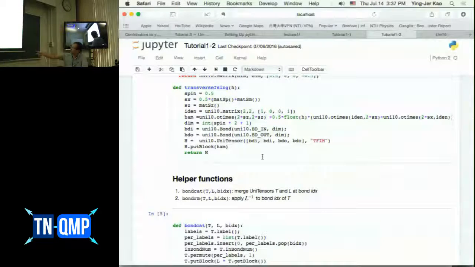Then we define bonds and our Hamiltonian tensor, with two inbound and two outbound, and we can give it a label. Then we just put the matrix elements directly into this tensor as a block.